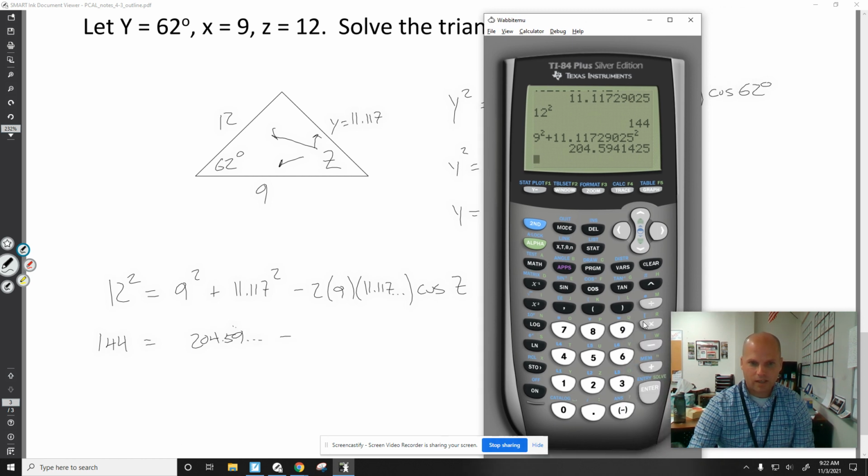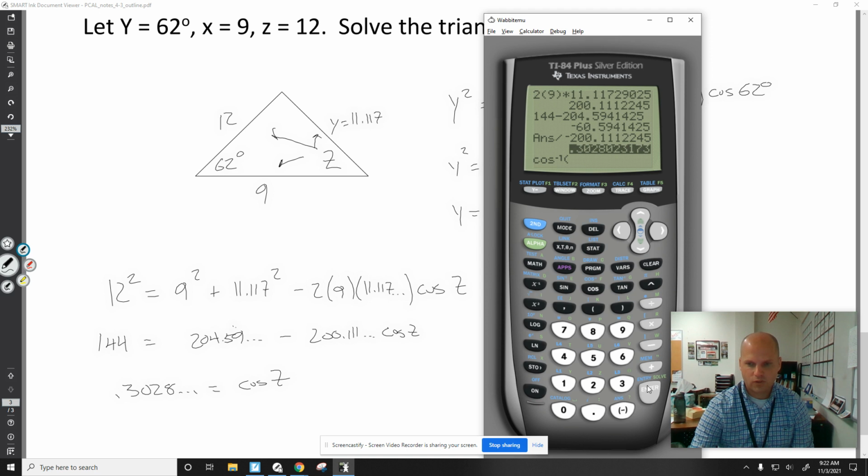2 times 9 times that 11 number, 200. Cosine Z, we'll solve 144 minus the 204 divided by the negative 200. 0.3028 is the cosine of angle Z. Inverse cosine always gives you the right angle.